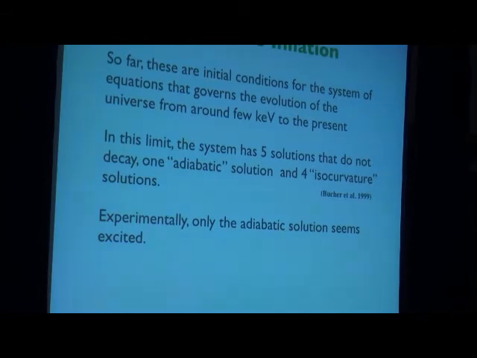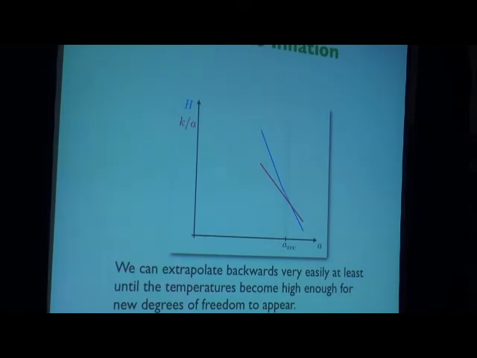So what makes it interesting is that we experimentally see that only the adiabatic solution seems excited, or at least the isocurvature contributions are very small. And this means if the R is really a constant here, it makes it very easy to extrapolate backwards. It's just R is the same all the way back. You can certainly extrapolate backwards all the way until electrons and positrons appear in the plasma.